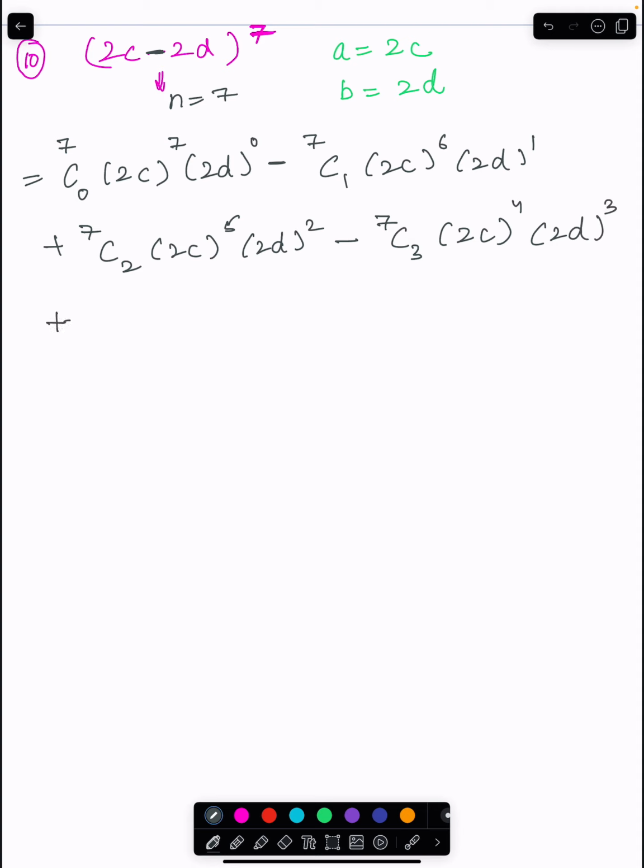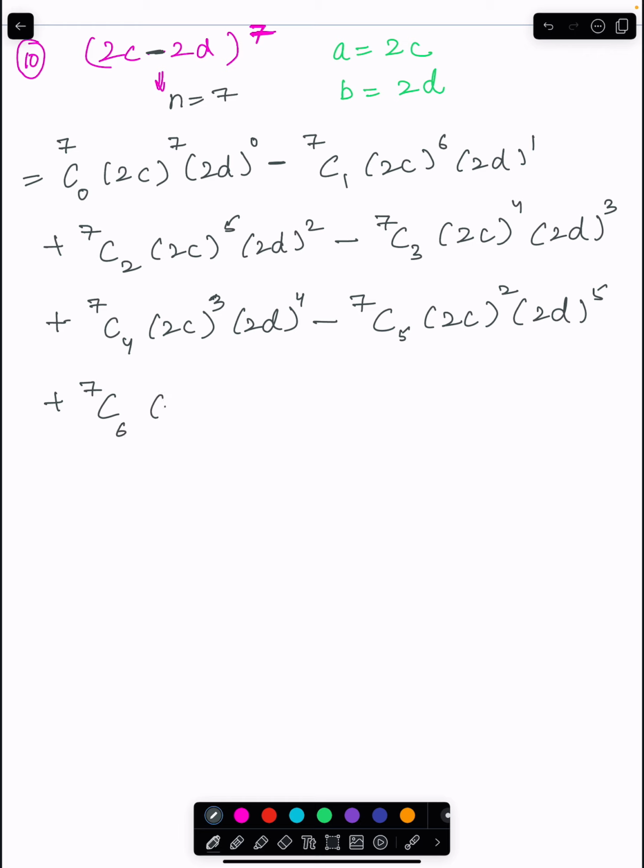Minus or plus, again plus 7C4, 2C power 3, and 2D power 4, minus 7C5, and then you will write 2C power 2, 2D power 5, plus 7C6, 2C power 1, 2D power 6, minus 7C7, 2C power 0, 2D power 7.